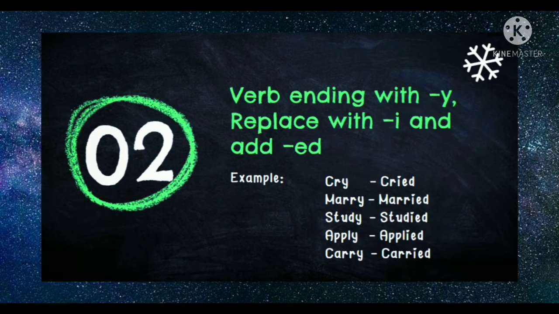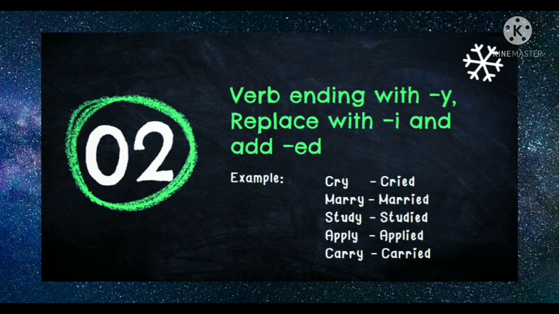Now let's look at the second group. For verbs ending with Y, replace the Y with I and add ED. Let's look at the example. We take the verb cry. It ends with the consonant Y, right?